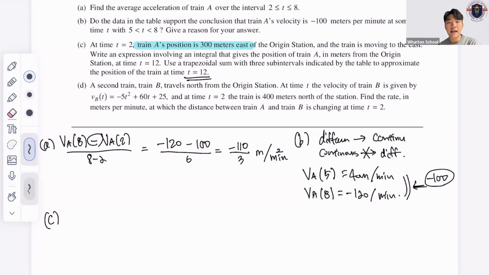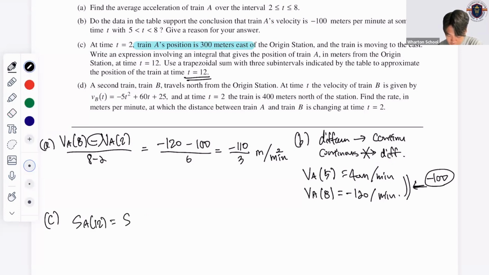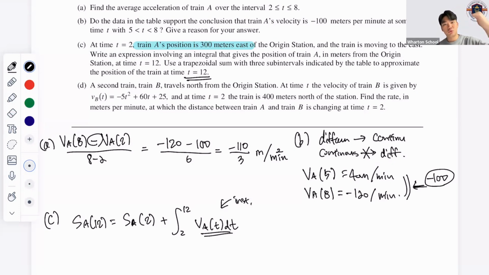So the position of train A at 12 is equal to the position of train A at 2 plus the integral of the velocity of A, v_A(t) dt. This is the instantaneous movement of train A, and we accumulate it from 2 to 12.